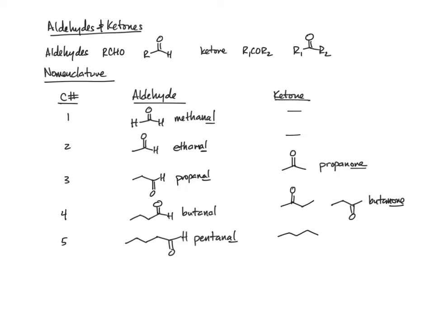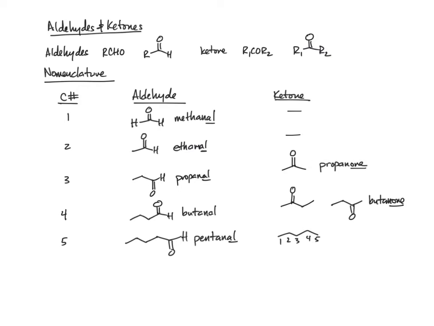So there's 5 carbons. Let me number them. 1, 2, 3, 4, 5. Now we see with a 5-carbon chain, we actually have the 2 and the 4 positions are equivalent, but the 3 is different. So we can actually have 2 different ketones for carbon count 5.